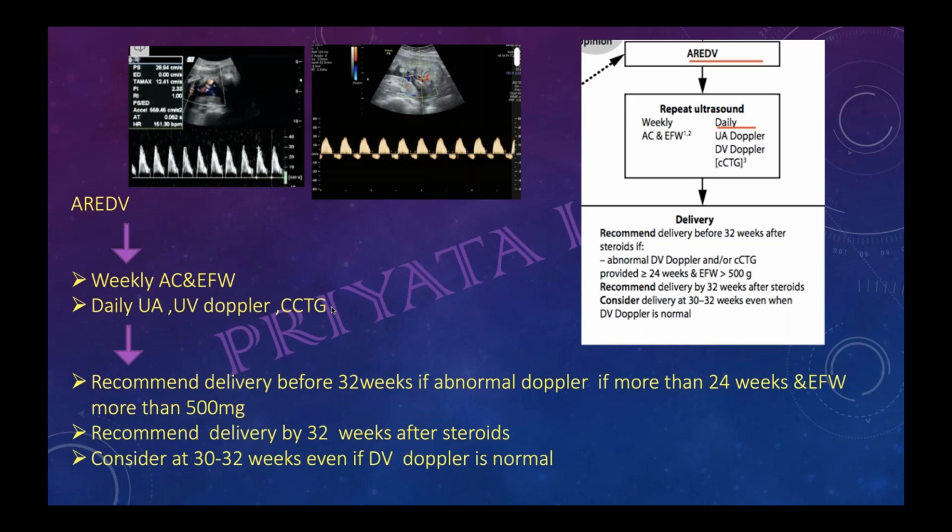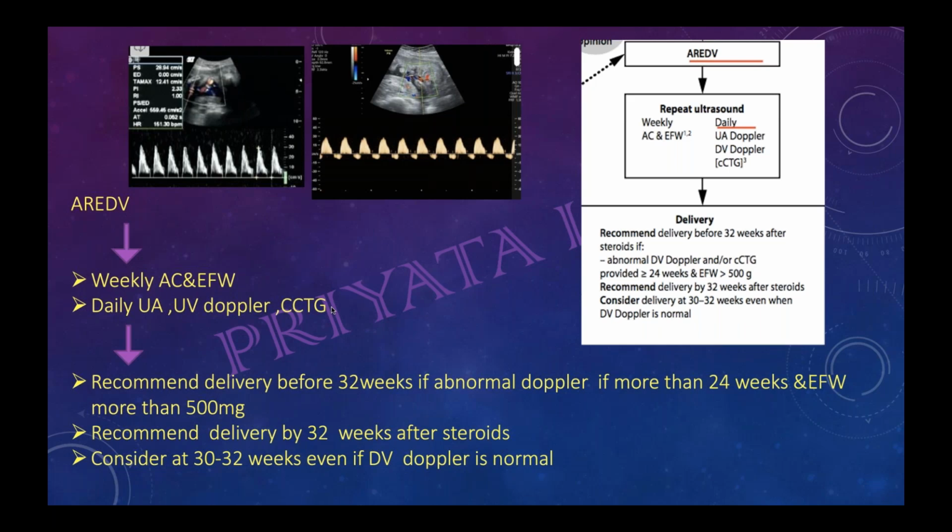So the ductus venosus Doppler usually shows reverse wave, or something that will come in the guideline. If your ductus venosus Doppler is showing some changes, or if the CTG is showing some changes, then in this particular situation you have to consider that you can deliver this baby before 32 weeks also.